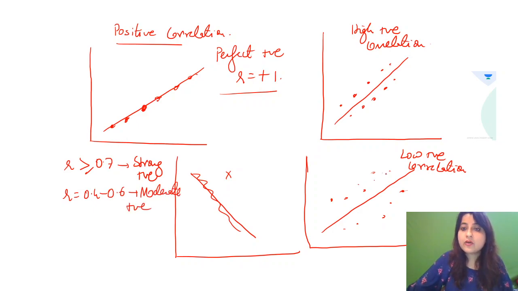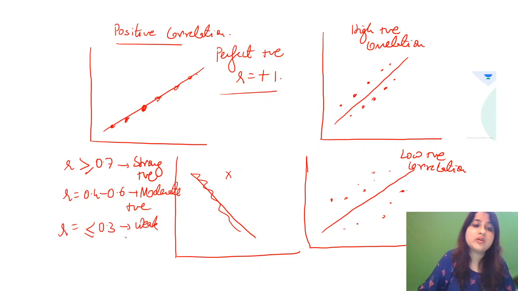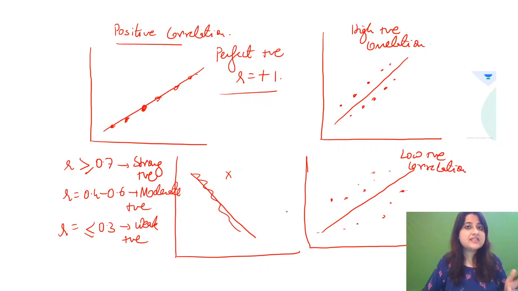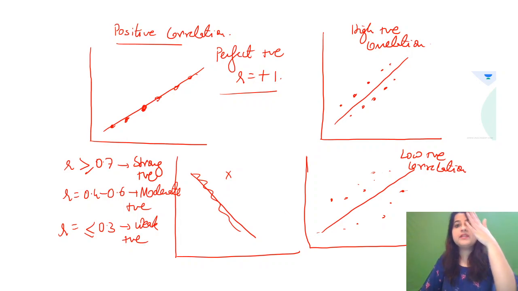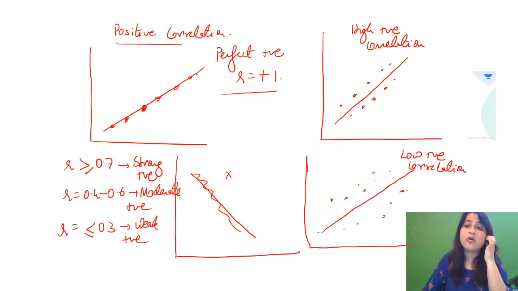The dots will not be so haphazard, they will be uniformly distributed and a little closer to the central line. But if the value of R is less than or equal to 0.3, it is a weak positive correlation, low positive or weak. The point you have to remember is that the slope is always upward, and it can be anything: perfectly positive, high or low.